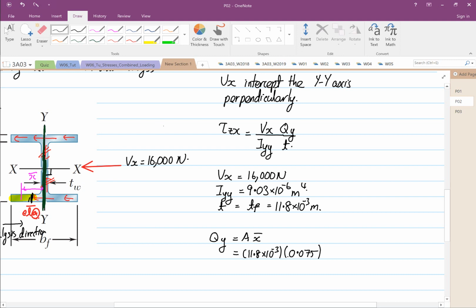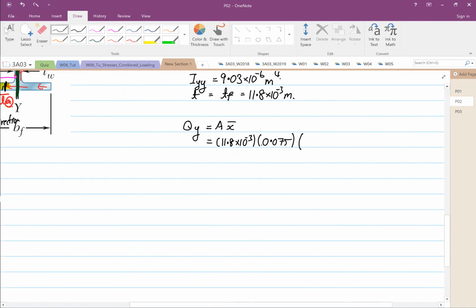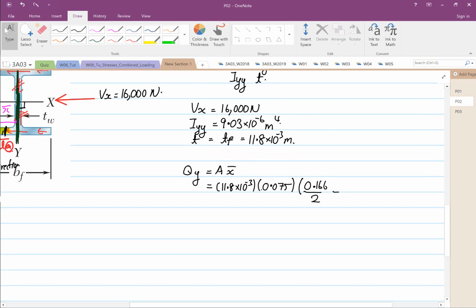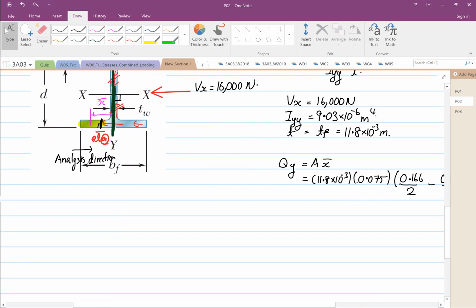And the X bar will be equal to 0.166 divided by 2. Right? Why is it 0.166? Because we are taking BF, 0.166 minus 0.075, divided by 2.